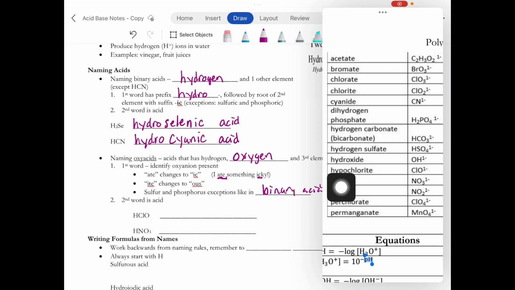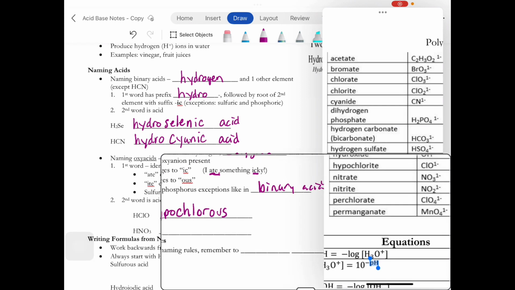The only reason I'm writing hypo is because it's part of this polyatomic. So it's hypochlor, because ite goes to ous. So hypochlorous, and then it needs to be acid.